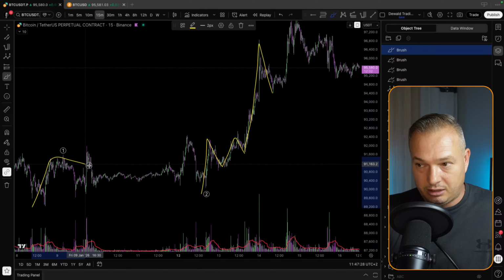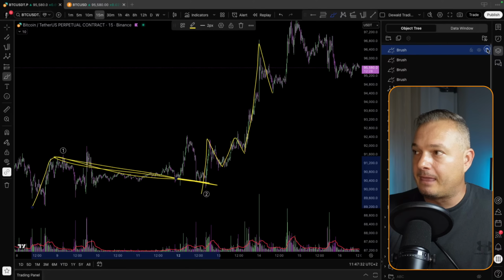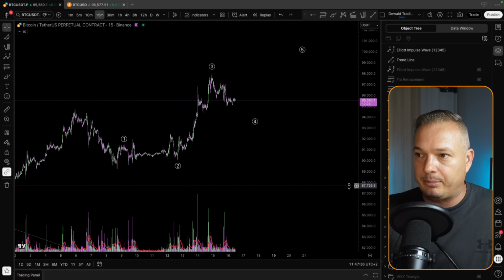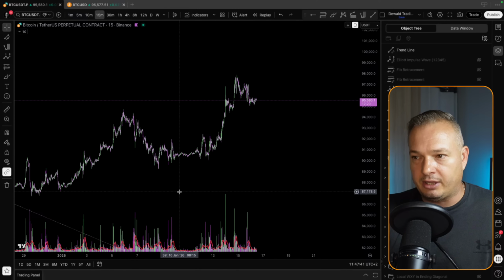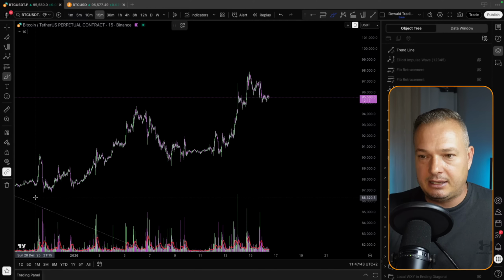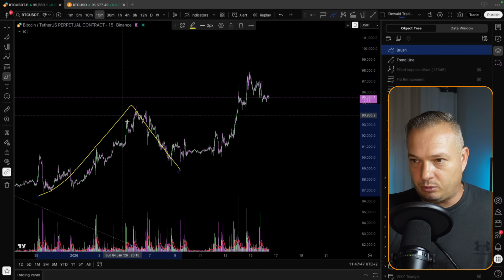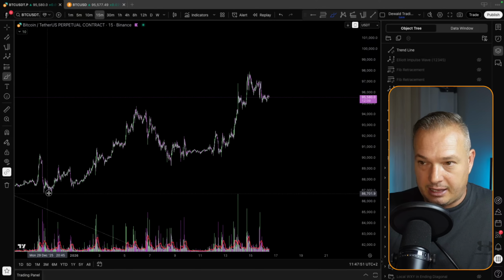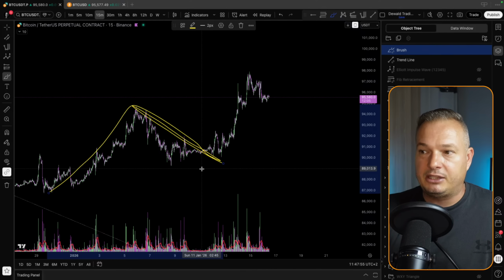This 1, 2, no. I would rather label that. If price is still going to move up, I would much rather say this is a 1 and a 2. Whoops, wait, let me correct myself. This is a 1 and a 2. That makes more sense.